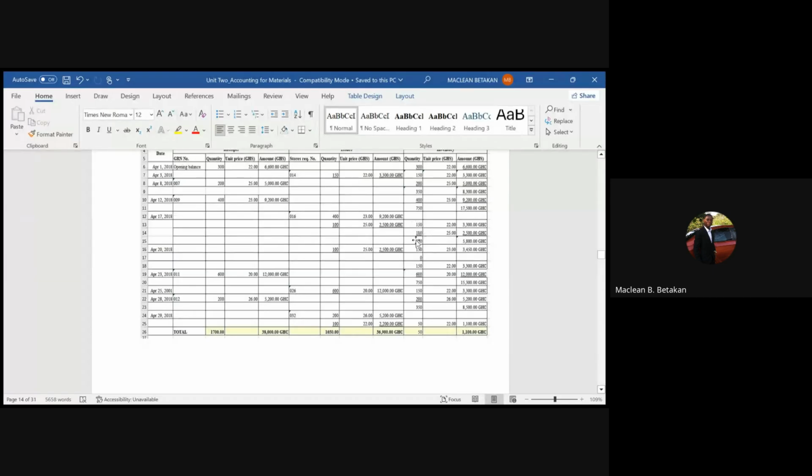If you are issuing 100 units, we are going to just issue the last transaction here. So 100 times 25 cedis, you get 2,500. Then 100 is gone. The only thing left is 150 units times 22. So 150 times 22.